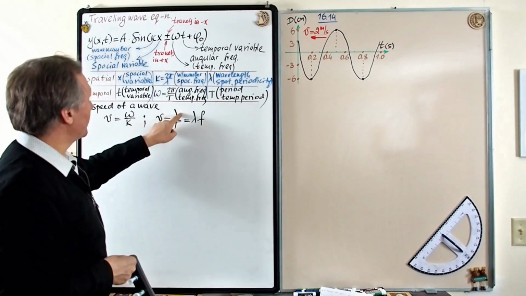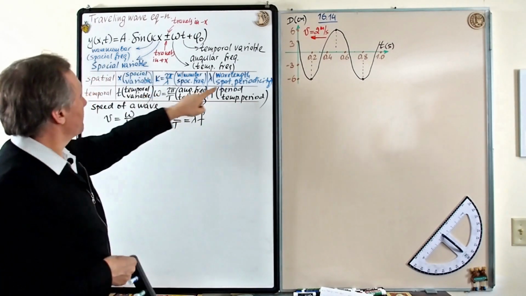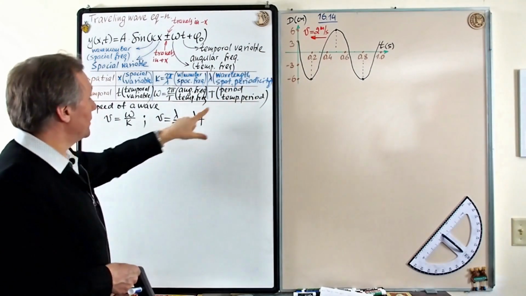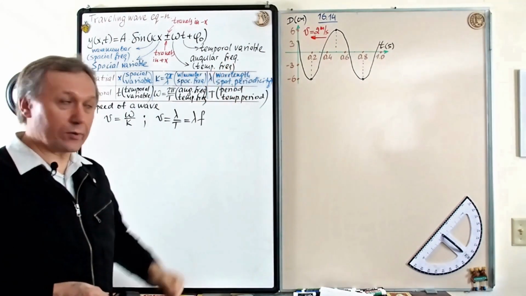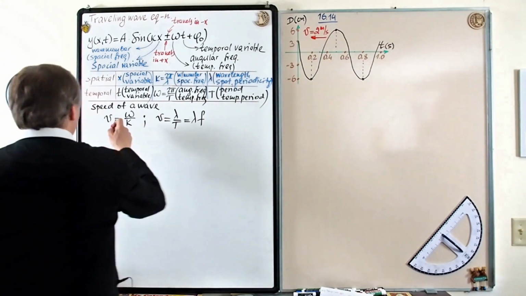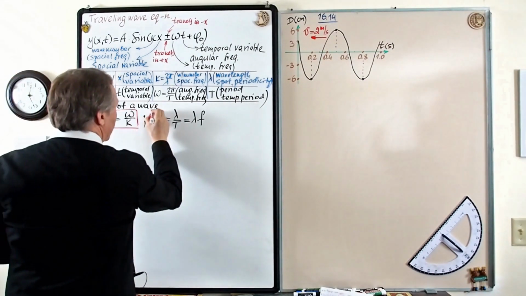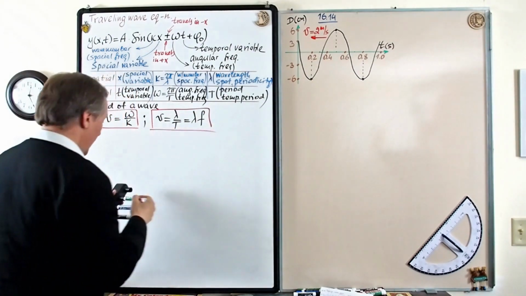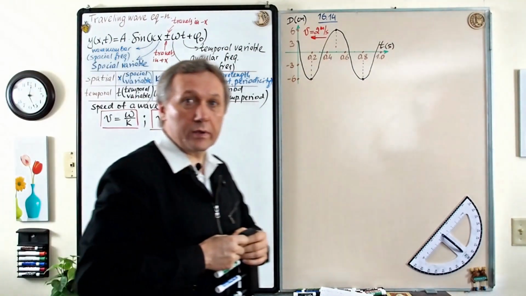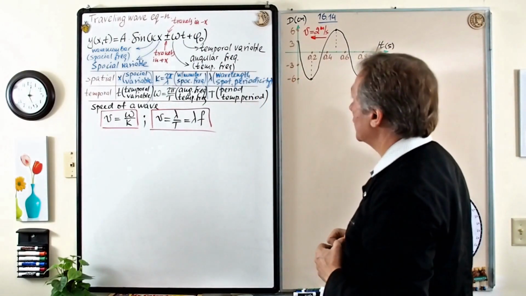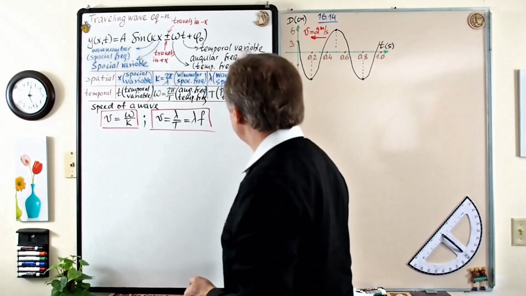Again, you see, lambda is a spatial periodicity from the spatial world. T is a temporal periodicity from the temporal world, right? So let me frame them, like this, and like that, right? And after this, we can say, yeah, we reviewed everything, and now let's start looking at the problems.